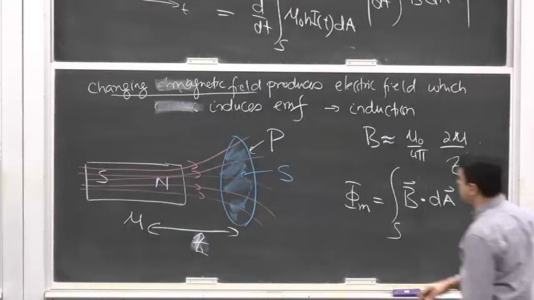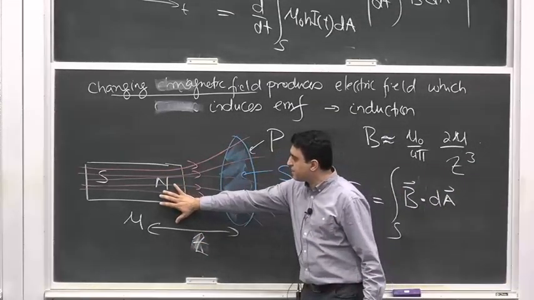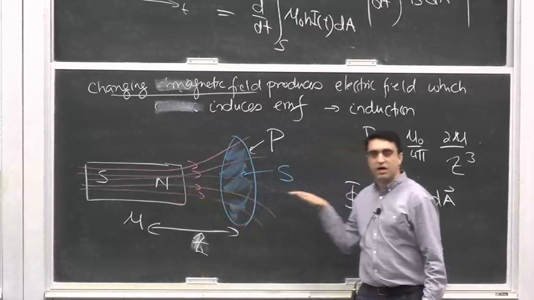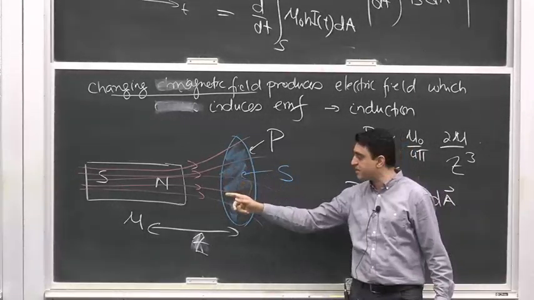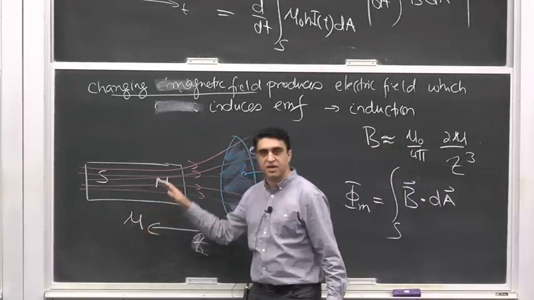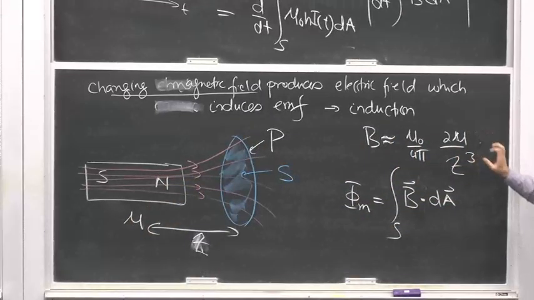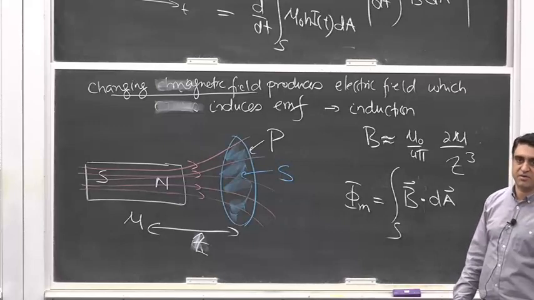This is just the distance between the bar magnet and the coil. So if I want to find the magnetic field due to a bar magnet which has a certain magnetic moment along its axis, it's given by this expression which we have found. From the center of the bar or the edge? It's the center of the bar magnet, not the edge.